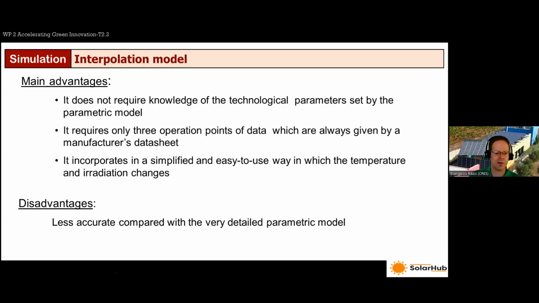So the main advantages are that it does not require a detailed knowledge of all the technological parameters we saw earlier involved in the parametric model. You only need 3 operating points of data, which are always given by the manufacturer's data set. These points are the open circuit, the short circuit, and the MPP, right? And it incorporates also a simplified and easy to use way in which the temperature and irradiation change.